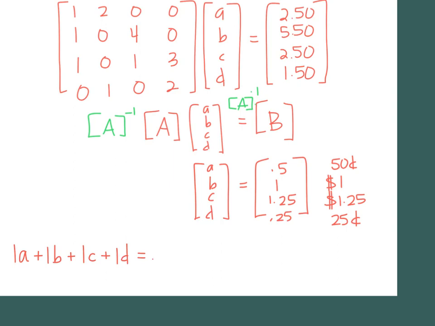So that would be 50 cents plus $1, plus $1.25 for the caramels plus 25 cents. And so a pound of everything adds up to be perfectly $3 total bill for a pound of all kinds of candy.